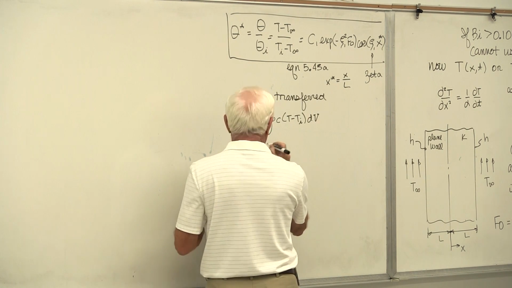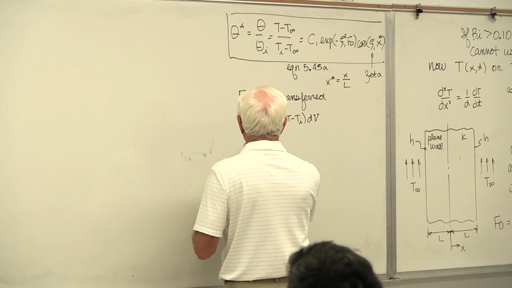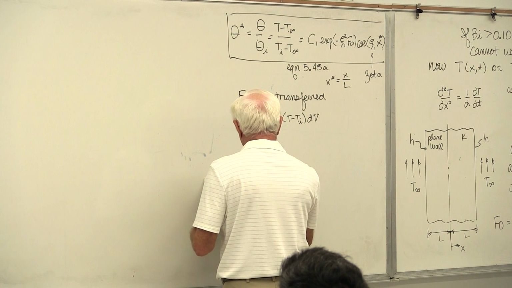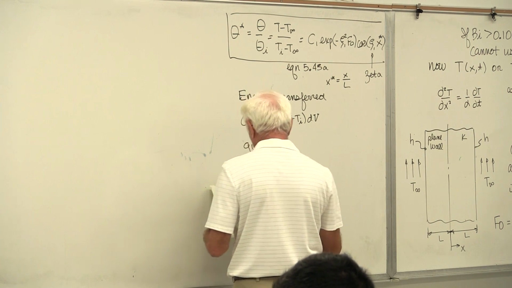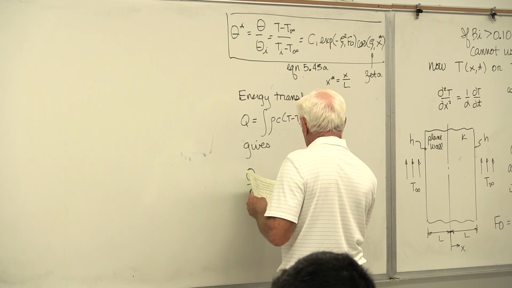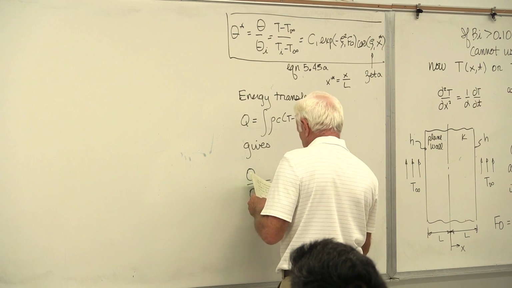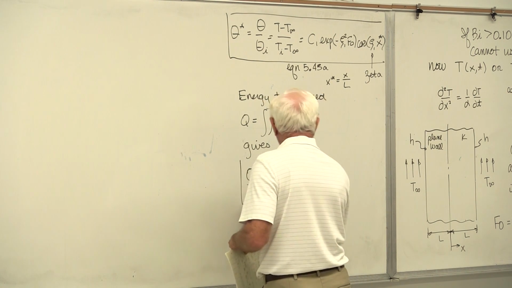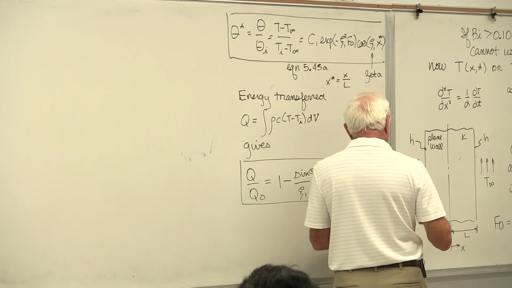Integrate that over the volume with time. This gives Q over Q naught equals 1 minus sine zeta 1 over zeta 1 times theta naught star. Equation 5.49.